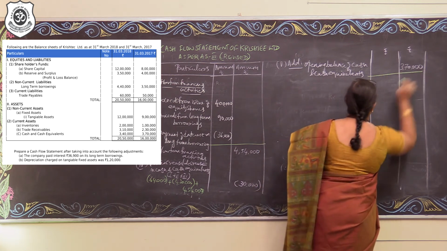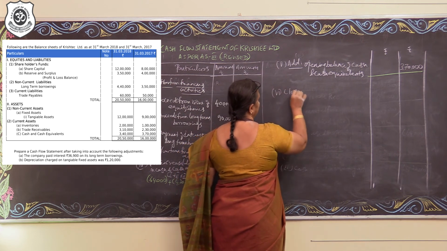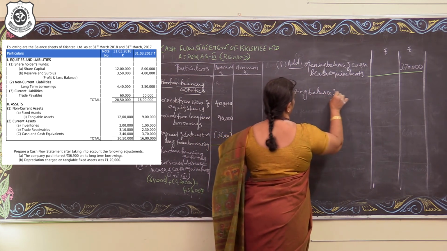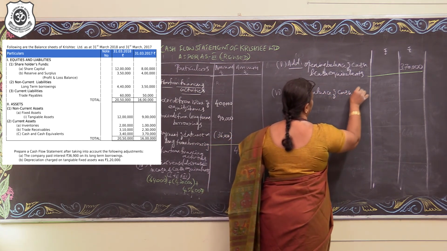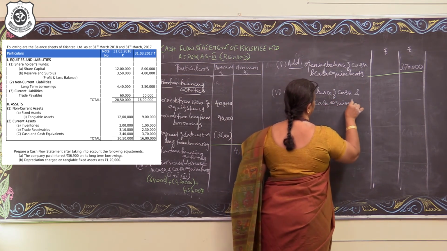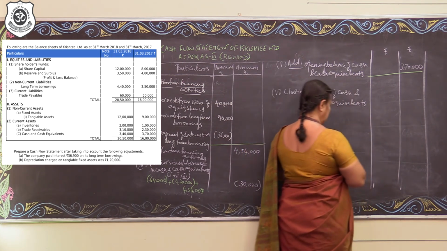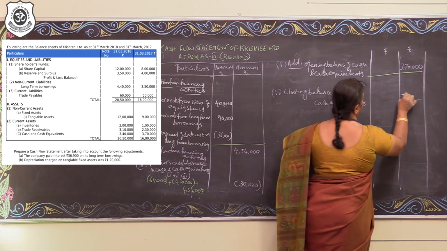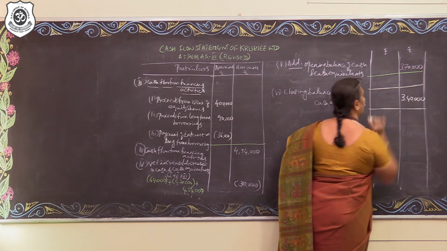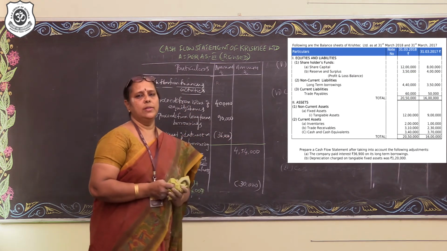So we arrive at step number 6, closing balance of cash and cash equivalents, which is 3,40,000. So we are able to solve one full-fledged cash flow statement after making all these adjustments.